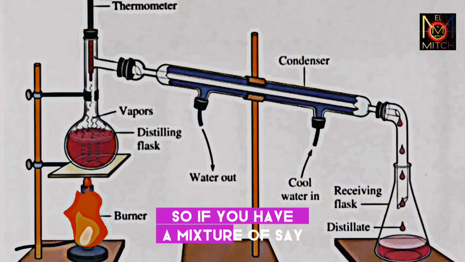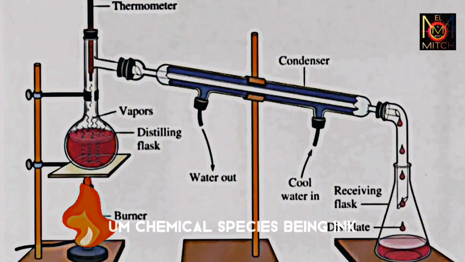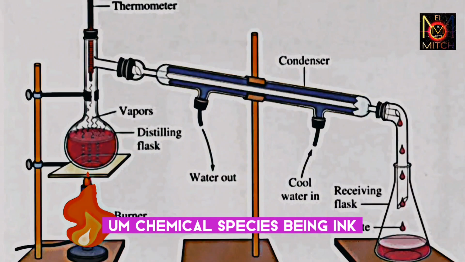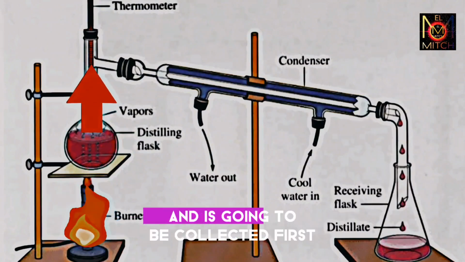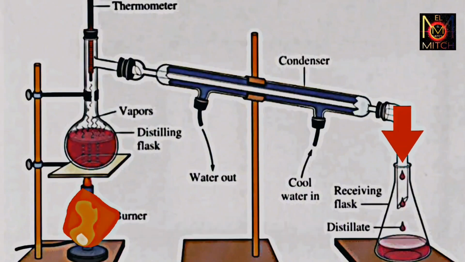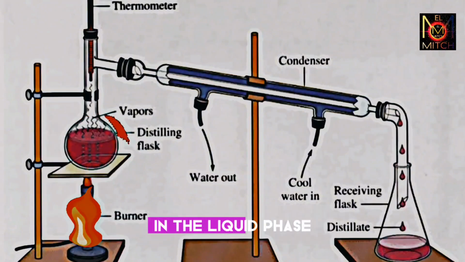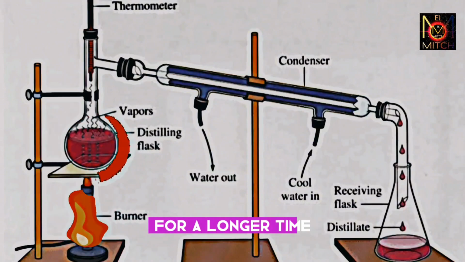So if you have a mixture of, say, ink and water, the lower boiling point chemical species, being ink, is going to vaporize first and be collected first, while those with higher boiling points will remain in the liquid phase for a longer time.